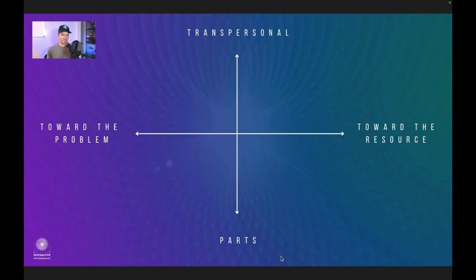And again, just to remind you what I said a little while ago, this is something I developed to organize my own understanding of all these different modalities and approaches to working with people, because they do spread across these four different approaches. Some modalities are very problem focused, very problem centric. Others are very parts centric, right?